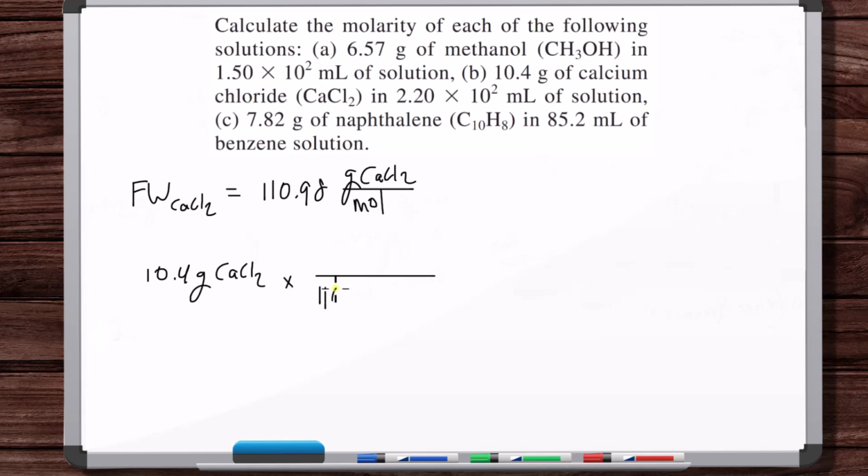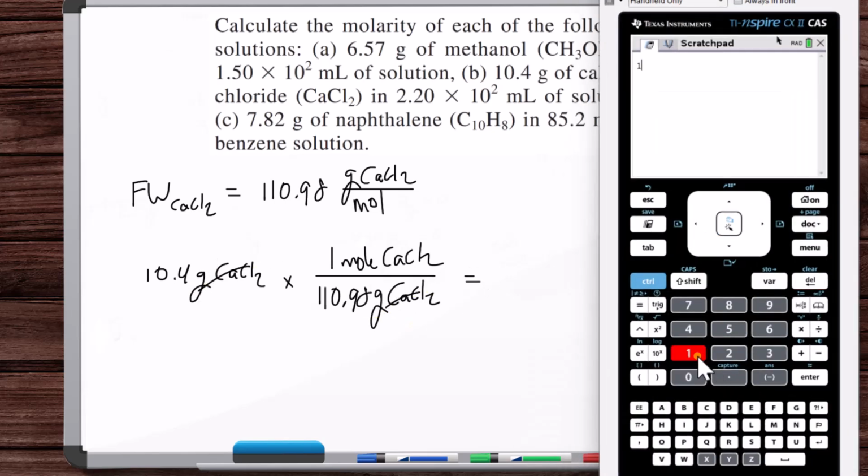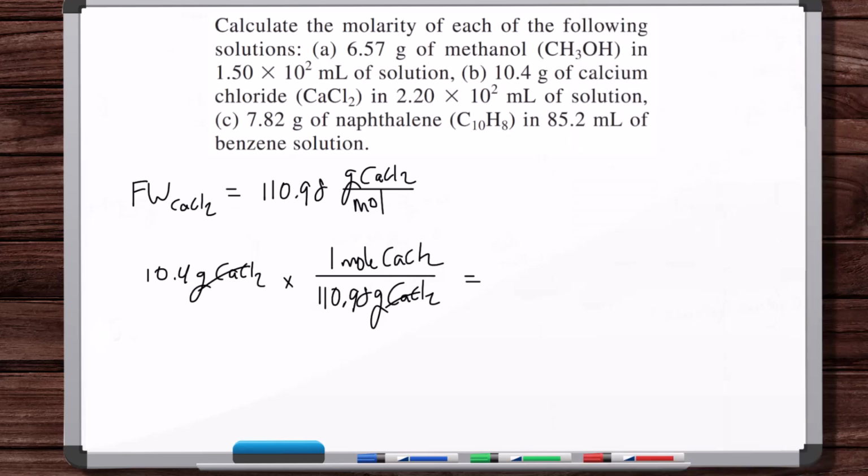Well, there's 110.98 grams of calcium chloride for every mole. So, 0.0937.